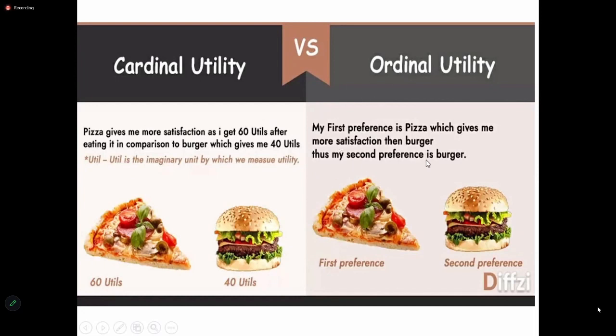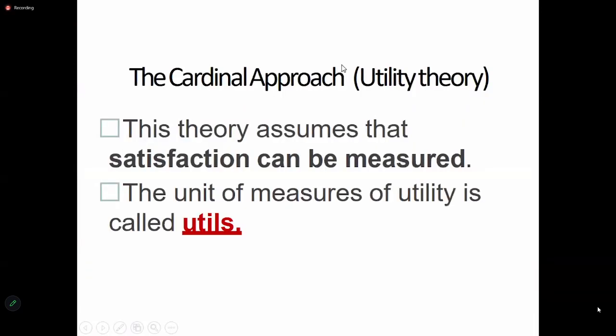But in ordinal, they are ranking their preferences. So you can change this accordingly, whatever products or services you have, and use cardinal and ordinal utility to describe these things.